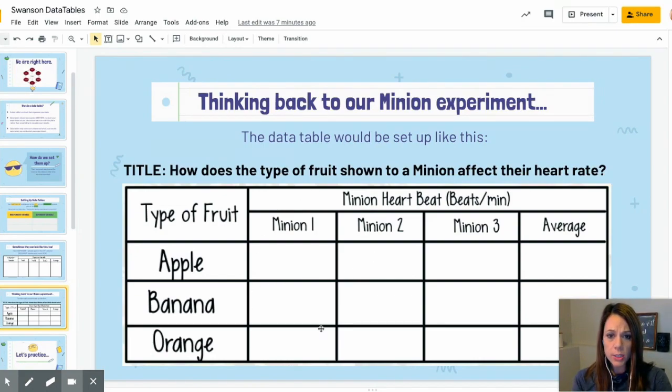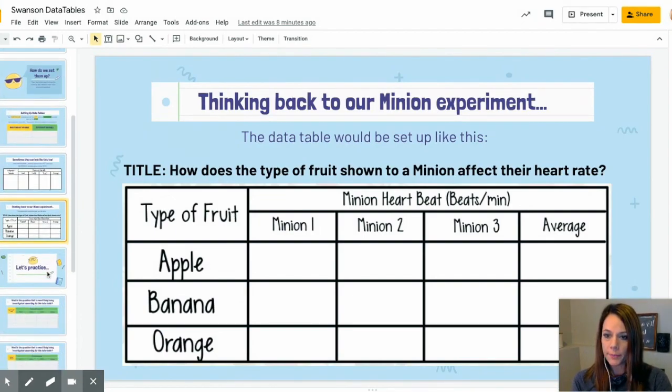Because if I just tested one little minion here, he might be different in terms of how fruit affects his little body compared to these guys. So the more minions that I would test, the more accurate, reliable my results would be. So again, I've got independent here, I've got dependent over here, I've got my title. This is looking pretty good.